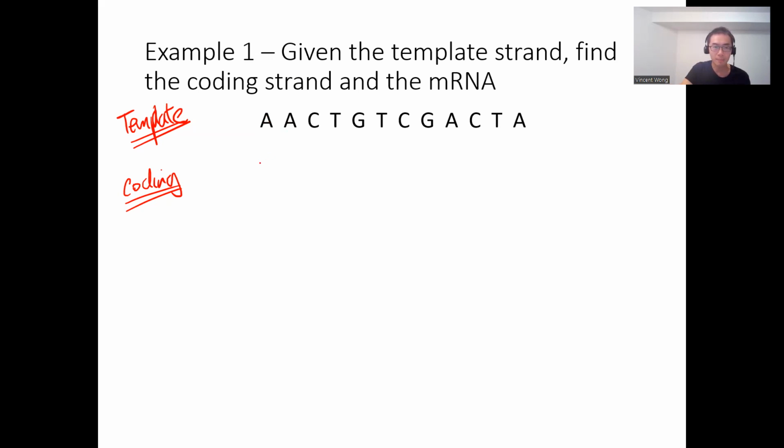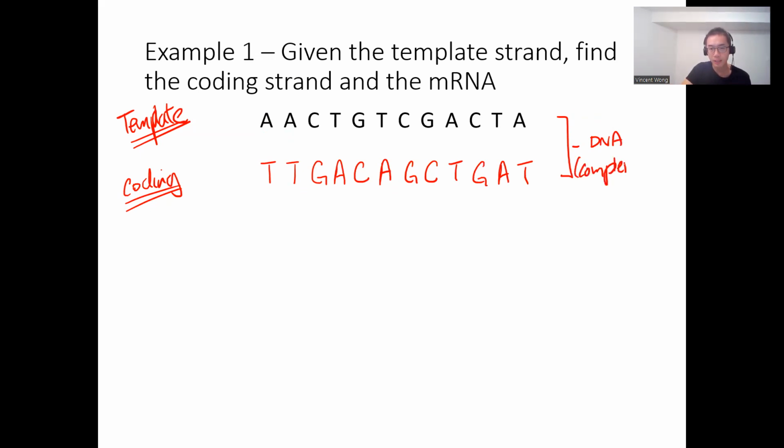So A pairs with T. G, A, C. A, G, C. T, G, A, T. Remember, both of these are DNA, and of course they are complementary.